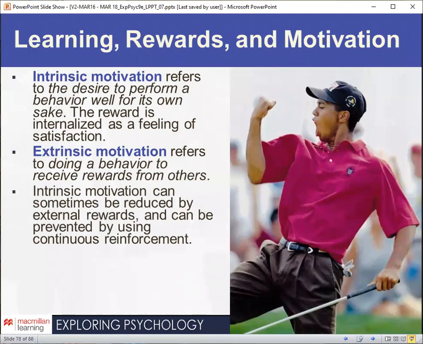Now, intrinsic motivation can sometimes be reduced by external rewards and can be prevented by using continuous reinforcement. So the notion here is this: as soon as you get some sort of reward for something that is intrinsically motivating to you, it can make you confused to an extent. Why am I doing this behavior? You feel like you're doing it for the money then, or for the outside or external reward.